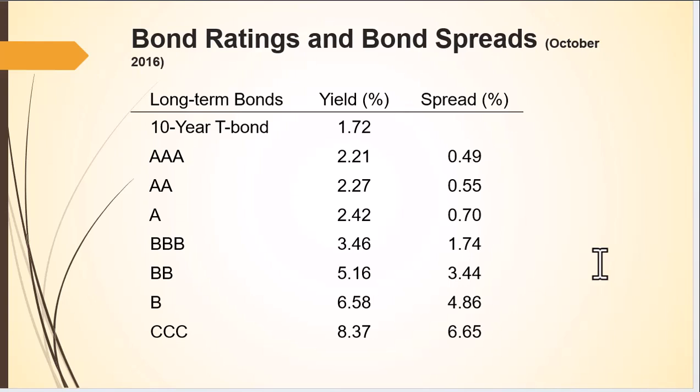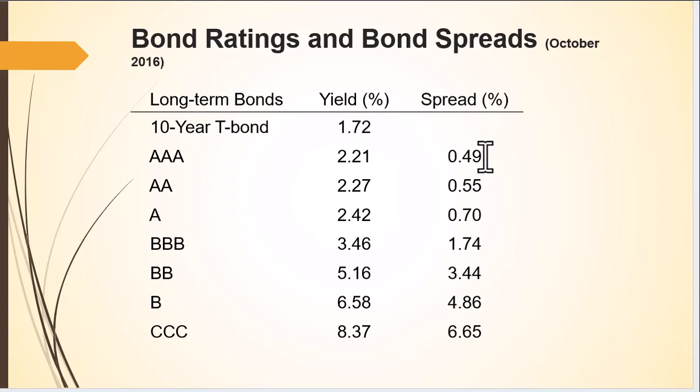When you think about the spread, it's the difference between the corporate debt, these AAA on down, and the 10-year bond, which was at 1.72% in this example. AAA rated bonds were paying 2.2, and the 10-year was 1.7. The difference between those two is the 0.49. So again, what is the spread?